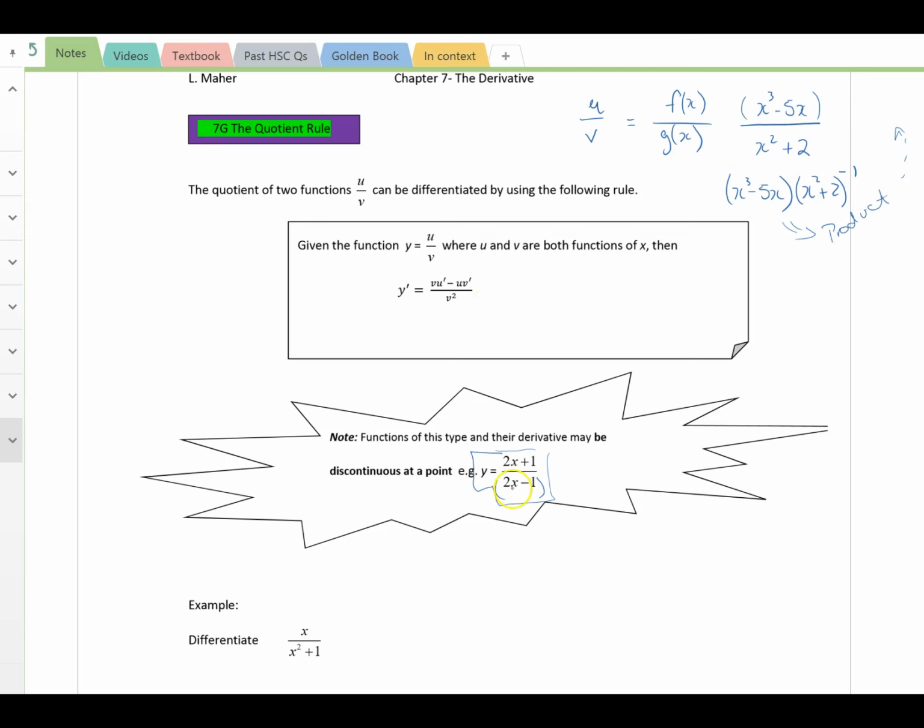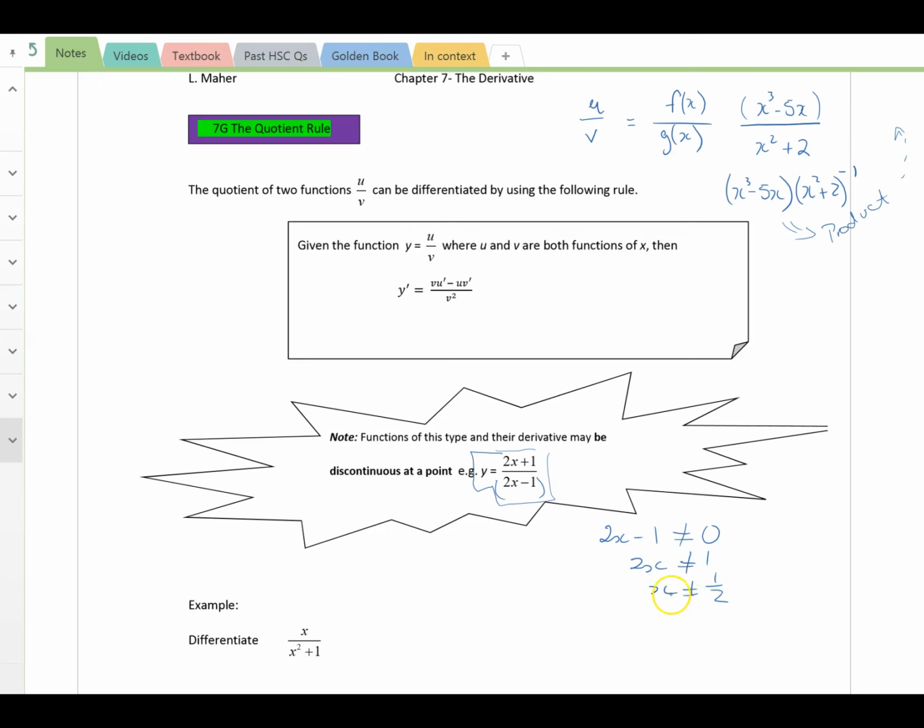Just be careful that there will be a possible x value where neither the function nor the derivative will exist. So if we think about this one, we know that 2x minus 1 cannot equal 0, so 2x cannot equal 1, so x cannot equal a half. Just be aware of that, and that will apply to both the function and the derivative.